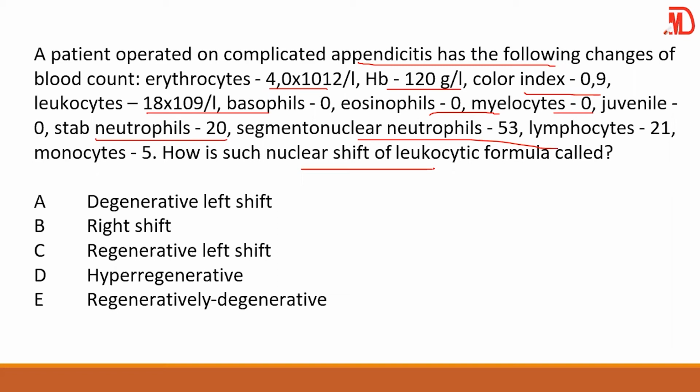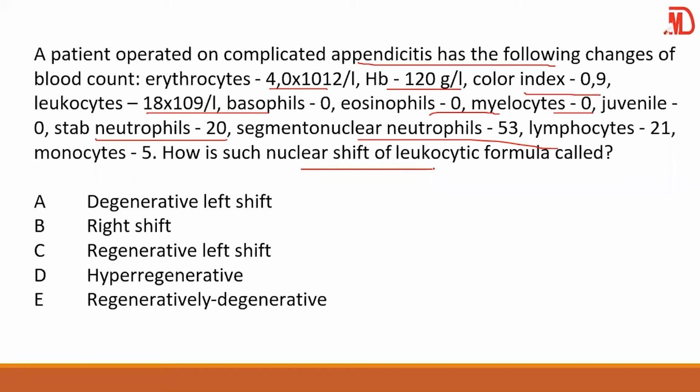So now, when we talk about degenerative left shift, it is used in the context of neutropenia, or when there is a low amount of neutrophils. And why would there be a low amount of neutrophils? It means that inflammation is quite severe.